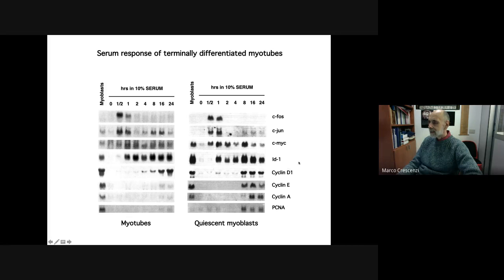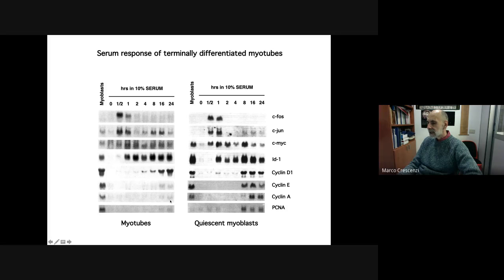What differentiates the two cell types is the late response, say beginning from 8 hours of serum stimulation. The genes expressed in late G1, such as cyclin E, cyclin A, PCNA, are strongly upregulated in quiescent myoblasts, while they're not upregulated in myotubes.